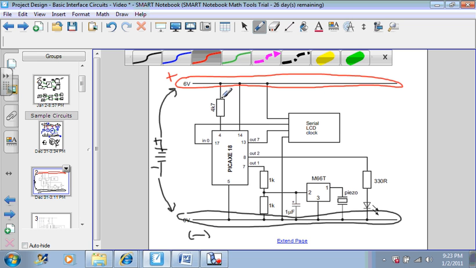Also note that the vertical lines lead up to the power rail, and they also may lead down to the negative. That's usually a standard in schematic drawings or circuit diagram drawings.